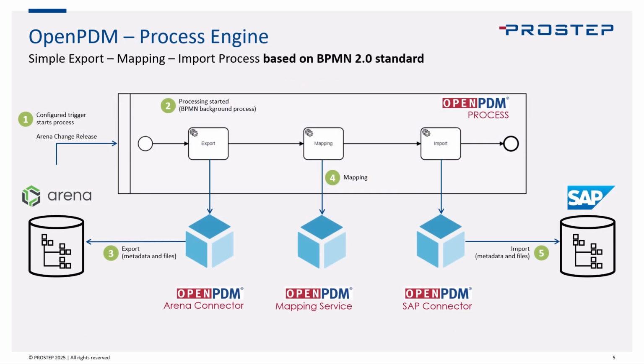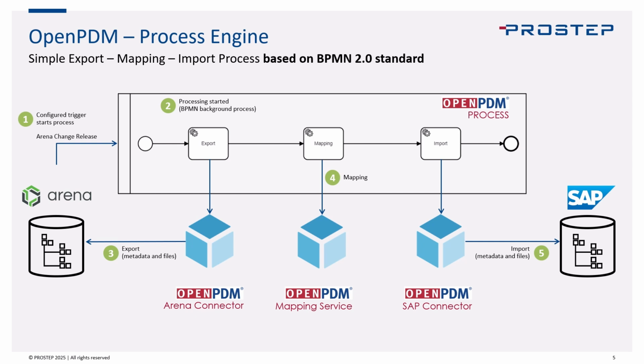The process for integration of Arena and SAP looks something like this, where first there's a trigger, and for this, that's the Arena change release. So after that change is then released, it'll instantiate in the background in the OpenPDM Process Server that integration workflow that's then maintained specifically for your integration.